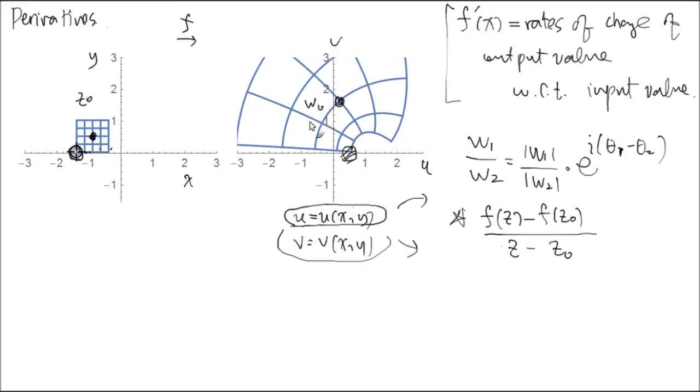That's w0. Does that make sense? z0 goes to w0. So if I choose this value right there, z, where does that go? On that horizontal line and go in right there in the w. Do you agree? Okay, that's this f of z minus f of z0. So it's going to be w minus w0 and z minus z0.